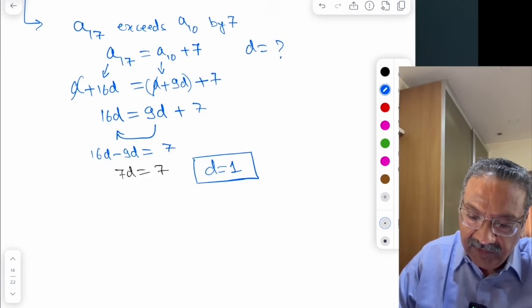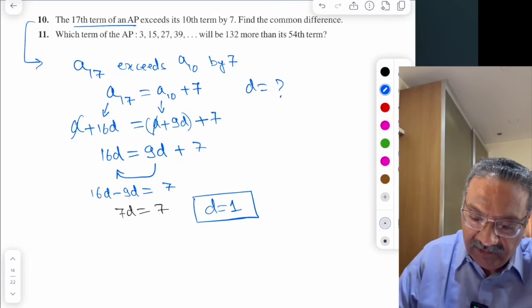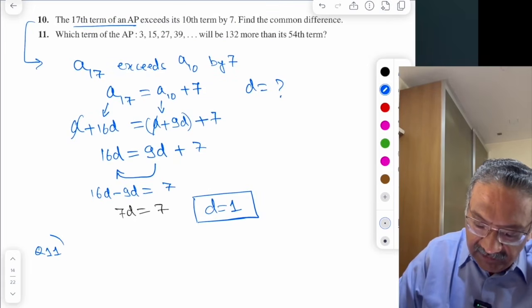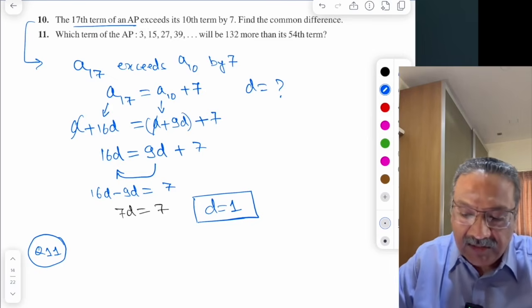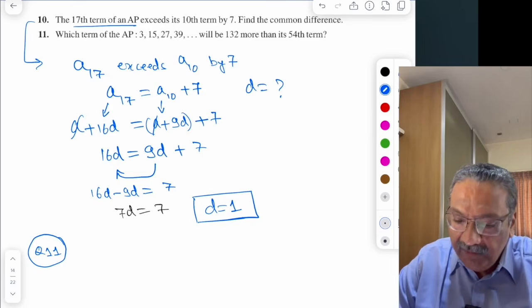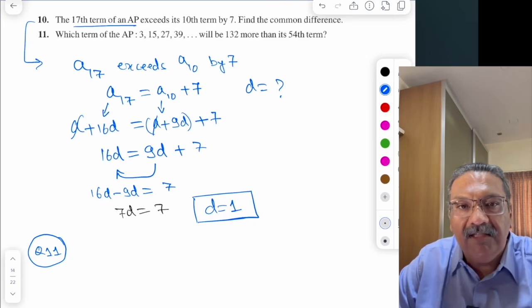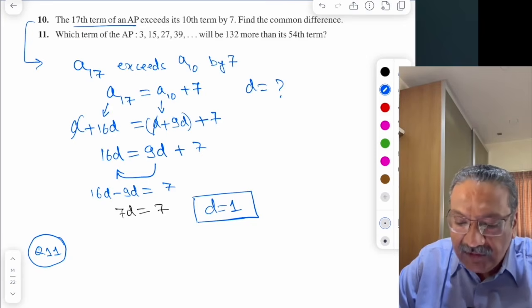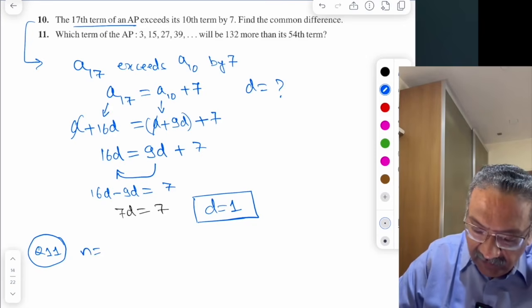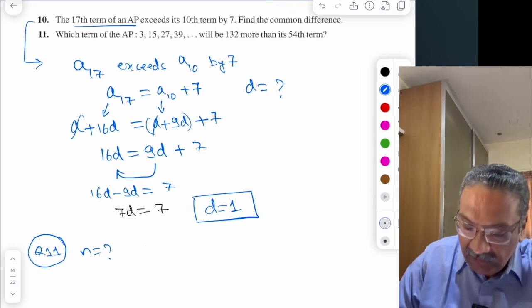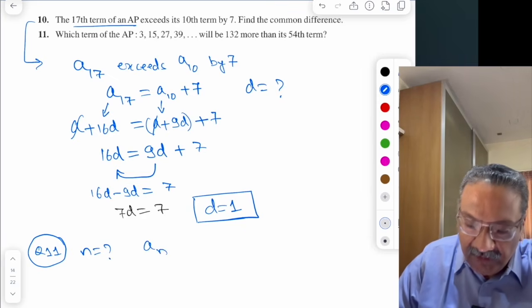Now similarly, let us come to the 11th question. What does the 11th question say? Which term of the AP will be 132 more than its 54th term? So they have asked which term. So n is asked, but an is not given.